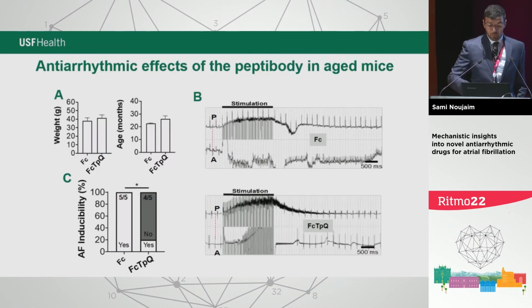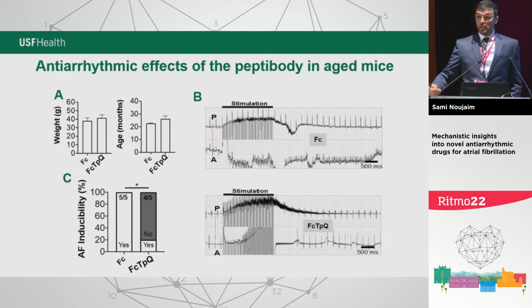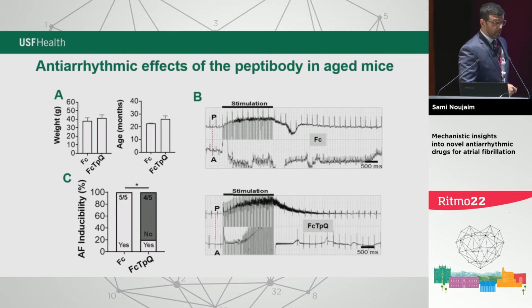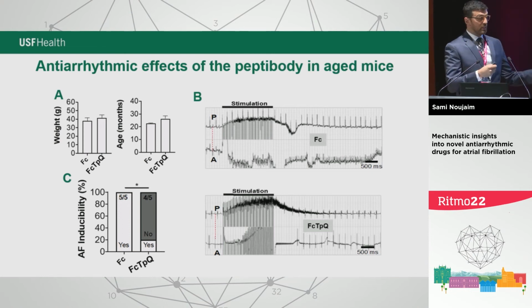So then we moved on to test the potential antiarrhythmic effects of the peptibody in mice. Two cohorts were tested. One mouse group was injected with the Fc fragment. Another group was injected with the peptibody. The age of the two groups was similar, more than 20 months old. And this is an in vivo EP study, if I may call it that, in the mice.